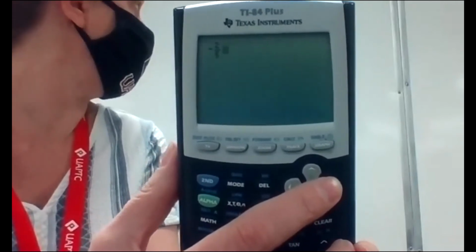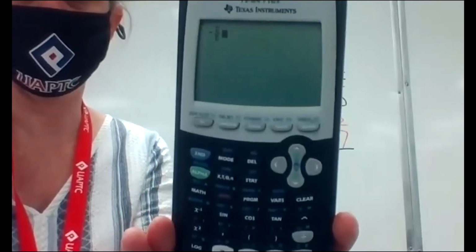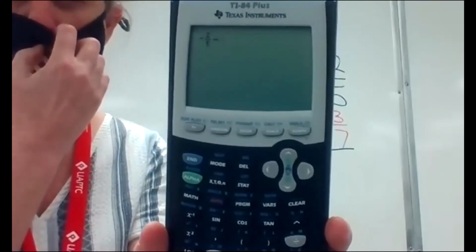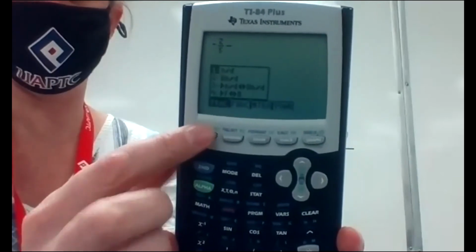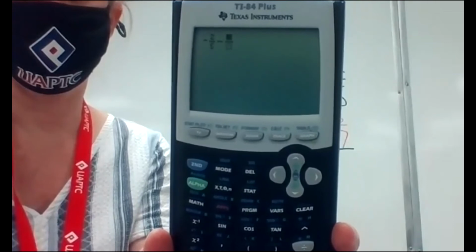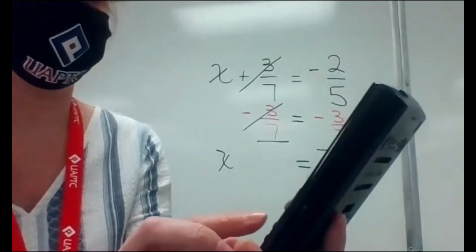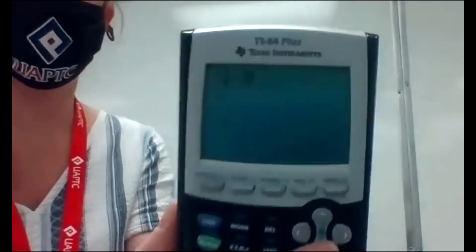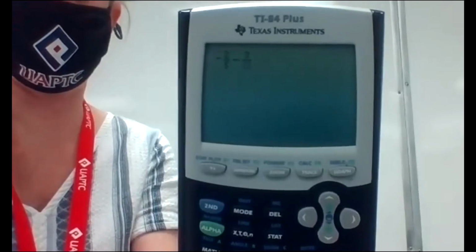So now I need minus 3/7. So minus. I'm typing another fraction, so I'll just do Alpha, Y equals, enter, and put in 3 over 7. So 3, go down into the bottom, 7.